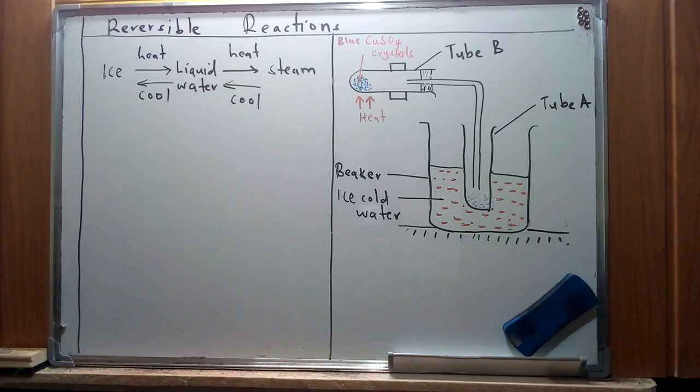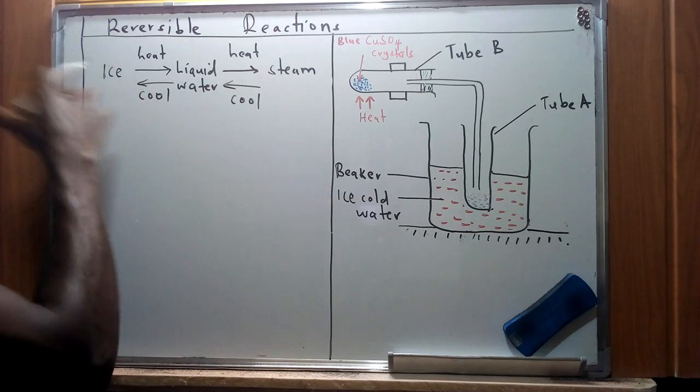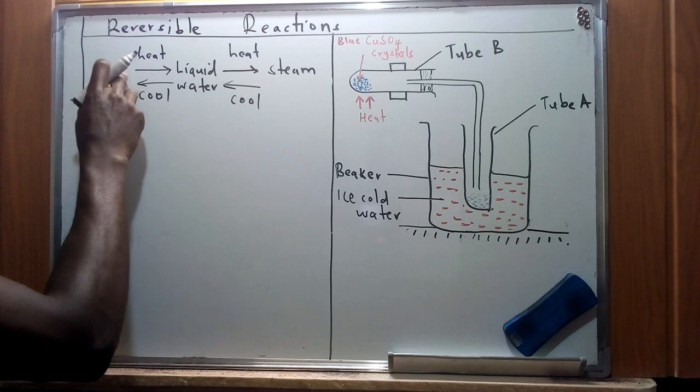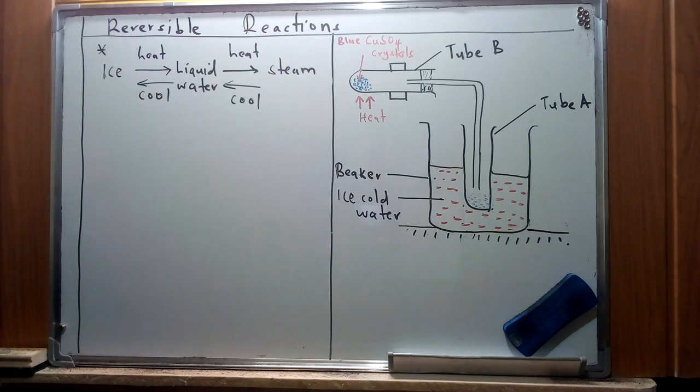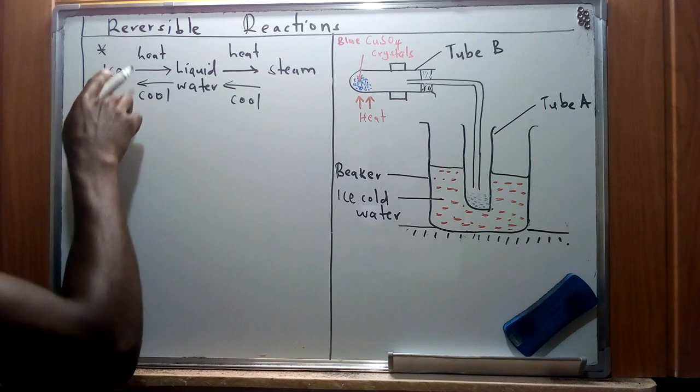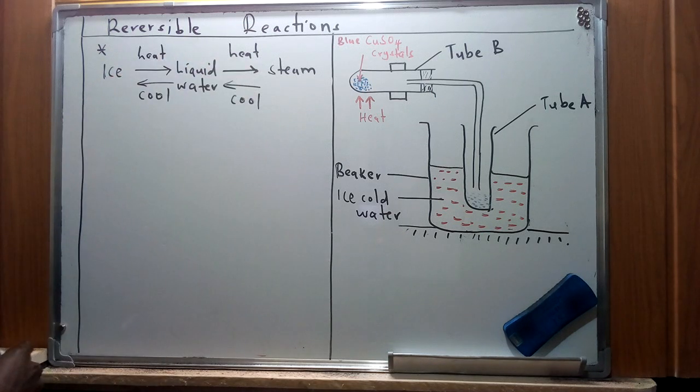So this particular process can be made to go in either direction. If I'm heating this block of ice for the first route, from ice to steam, then I'm increasing temperature.